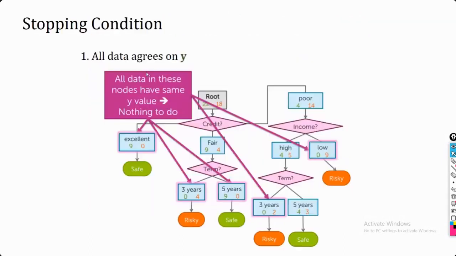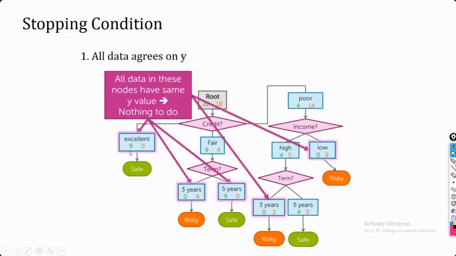Here I have mentioned some conditions, and if one of them holds, you can stop at that point. The first condition is, if all of the points which are part of a node belong to one class, I can stop. As you can see here, all of the points belong to the no class only.